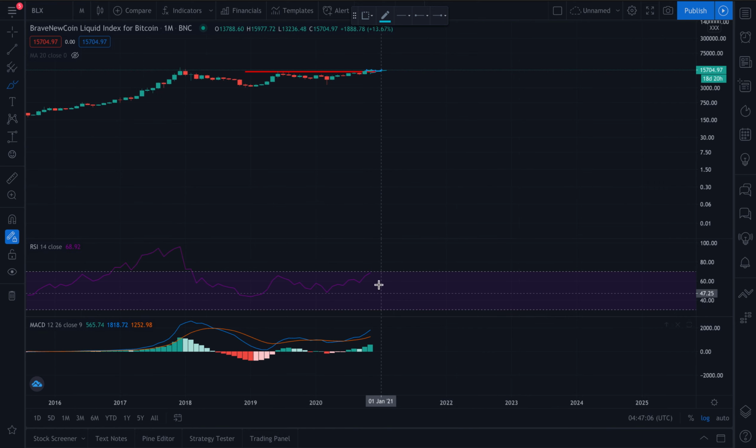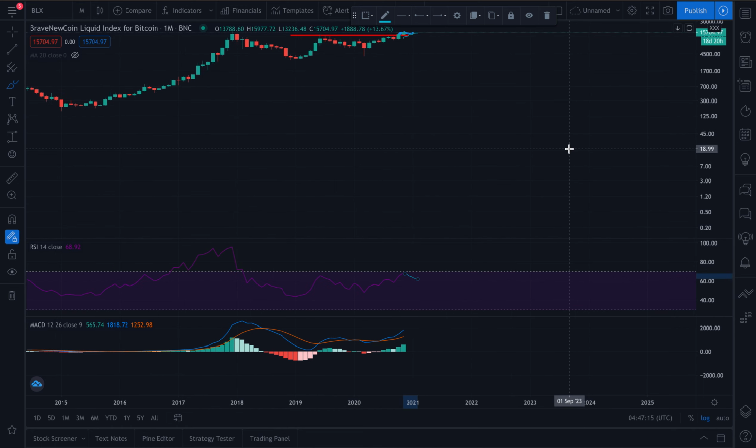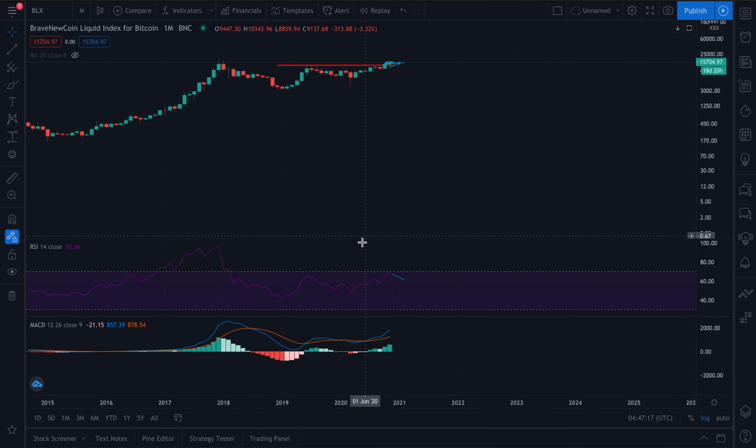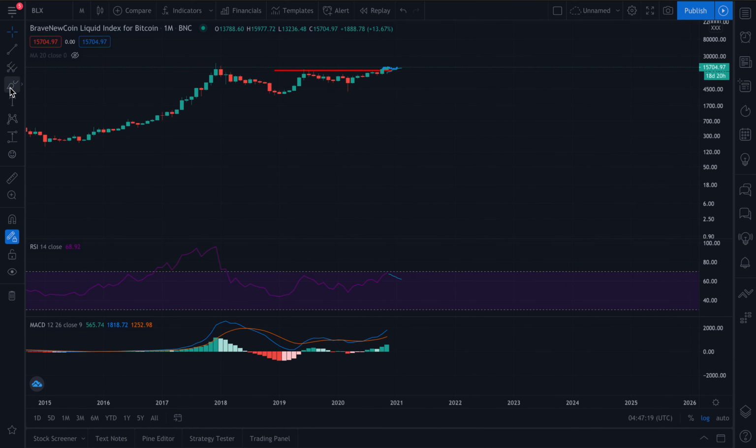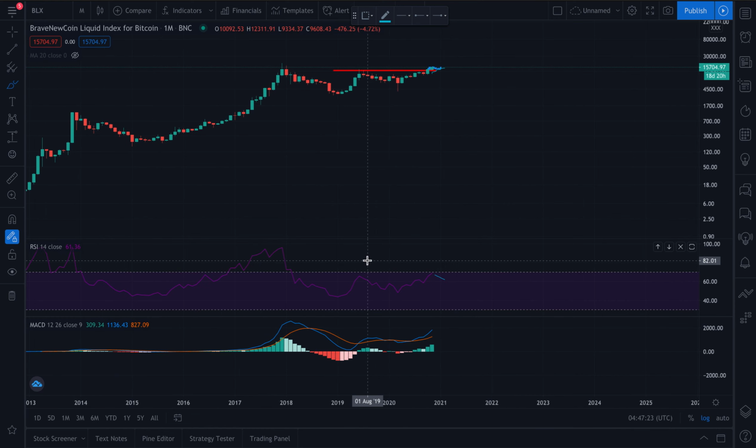So this is how it might play out. We will hit this, we will retrace on the RSI, and price would probably come back down for a few months, or at least stay moving sideways, because moving sideways also indicates trending downwards for the RSI to come back to the mean, so to speak.